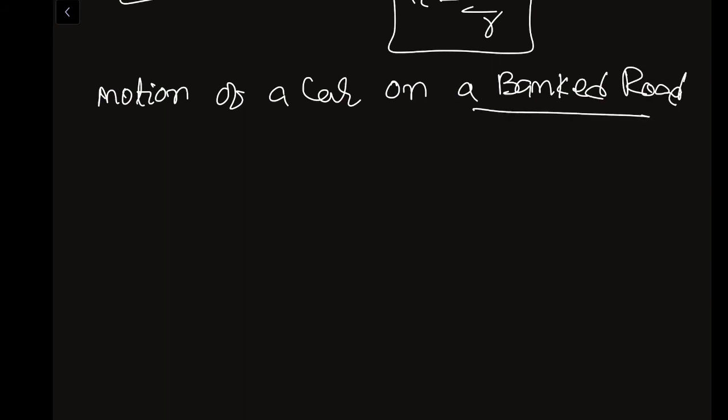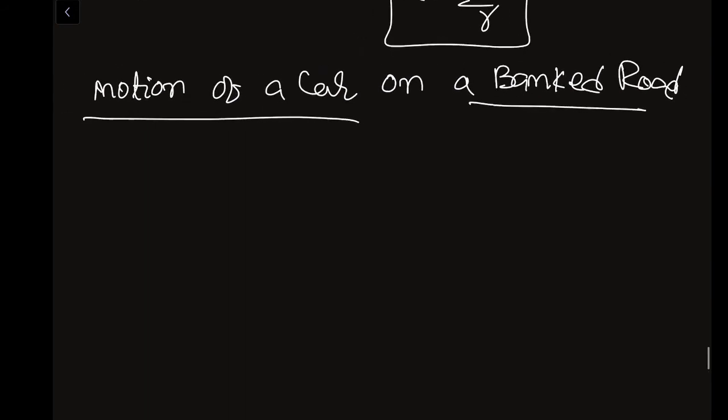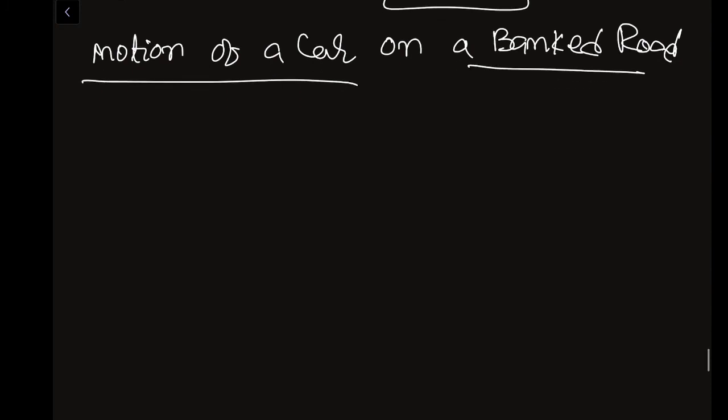We have to assume a car or a vehicle turning on a banked road, for example the Nandala Cherukatta curve. There we have to observe the banking. The road is like this, one side is lower and one side is upper. We have to observe some cross section.